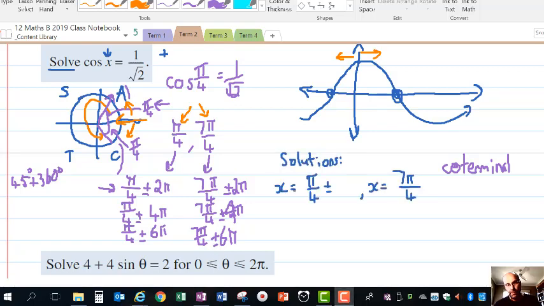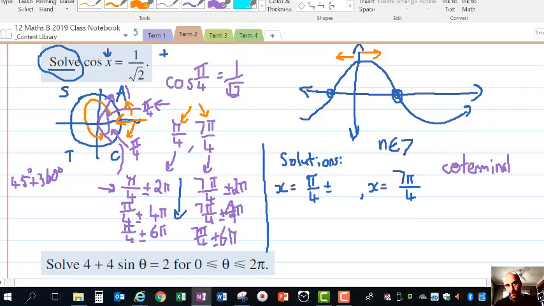Let's look at the pattern for the solutions for x. So let's tidy all this up, because we've got to solve for x. Solutions are x plus or minus not just 2 pi, but multiples of 2 pi, as we saw. Same with 7 pi on 4. So let's let n equal an integer. That's what the capital boldface Z means. And we could say it's 2 pi n.